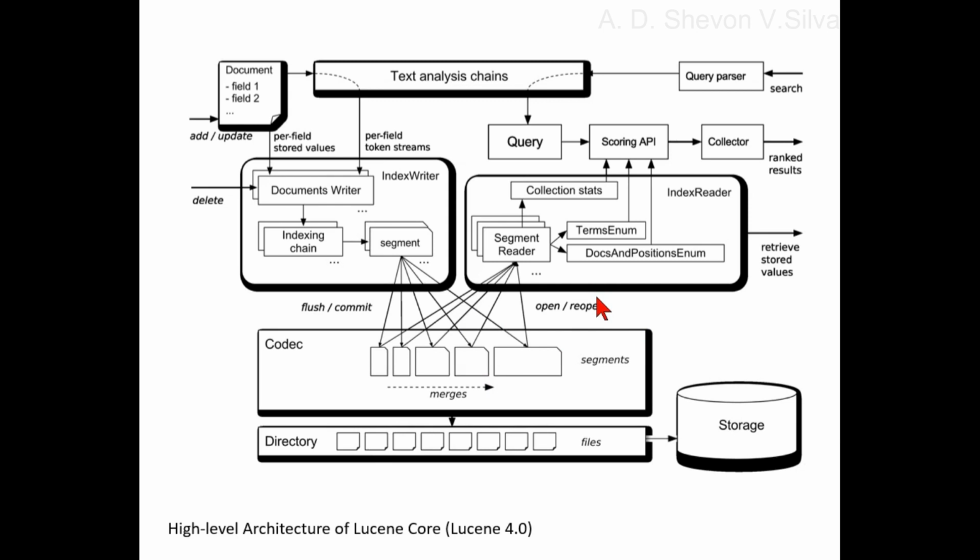The index reader represents a view of an index at a specific point in time. Typically, a user obtains an index reader either from a commit point where all data has been written to disk, or directly from the index writer, as a near real-time snapshot that includes both the flushed and in-memory segments.